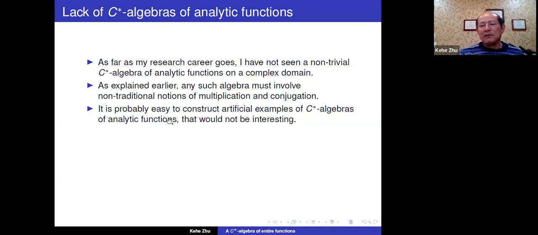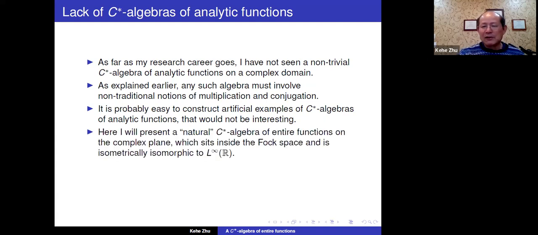So probably you can use that idea to construct many C-star algebras of analytic functions just using some kind of artificial isomorphism. But if the construction is not natural enough, then the algebra will not be interesting, and you just get something that is useless. So you also want something that is natural.